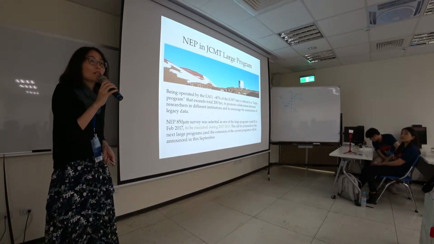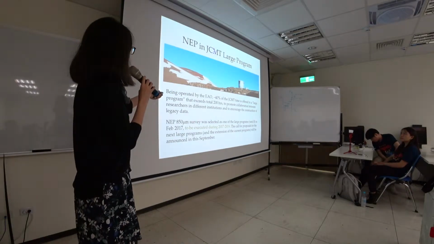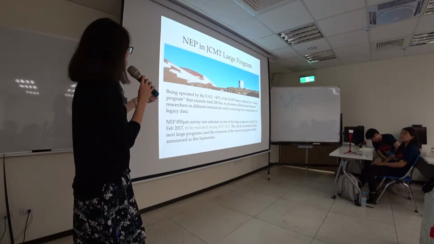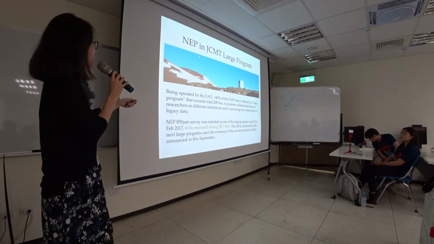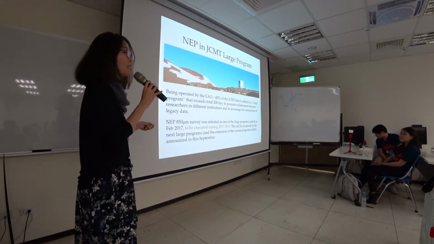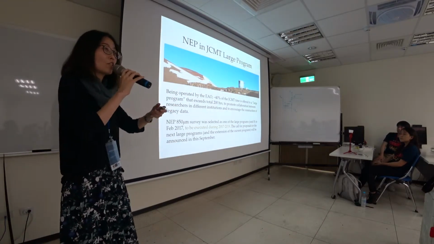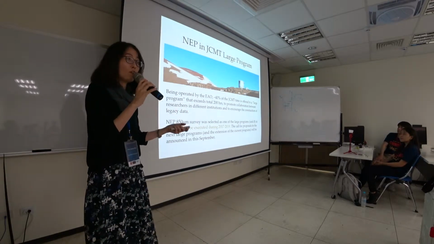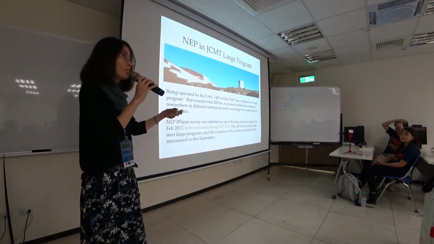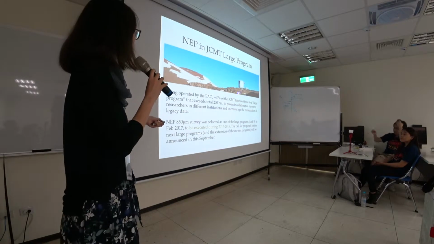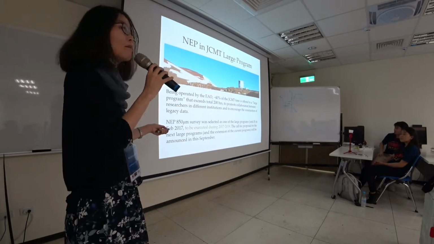The survey was done at the James Clerk Maxwell Telescope with the SCUBA-2 instrument. The JCMT is now being operated by the East Asian Observatory, a consortium of core observatories in the East Asian region like Korea, China, Taiwan, Japan. Almost half of the JCMT time is offered to large programs, not individual PI programs.